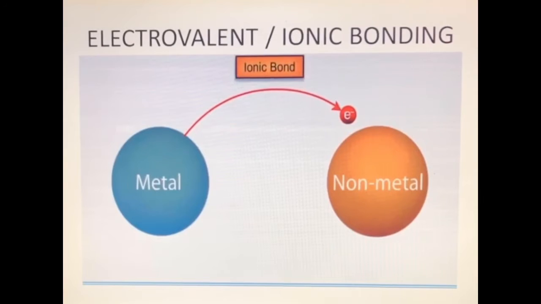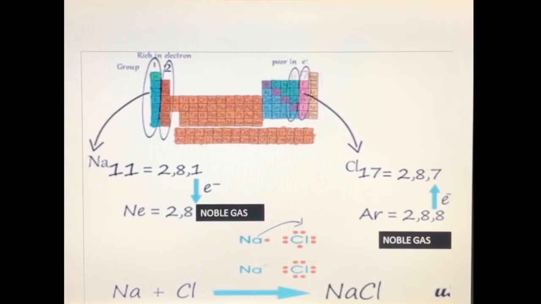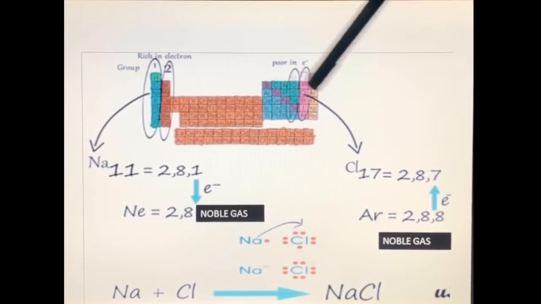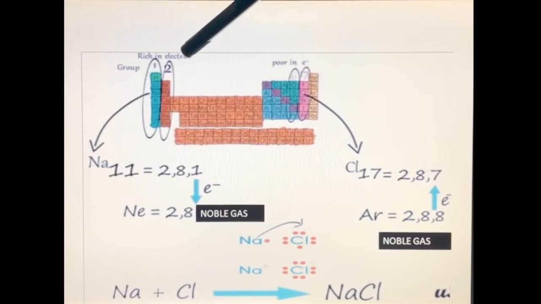First one is electrovalent bonding and electrovalent compounds. Electrovalent compounds form between electron rich and electron deficient species or elements, also known as electron rich elements and elements poor in electrons.